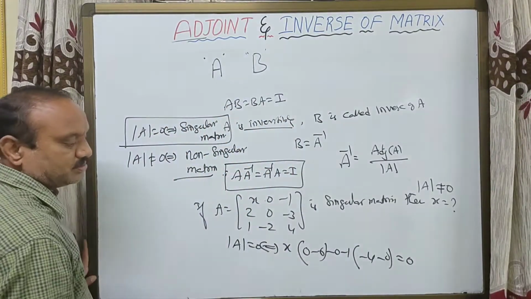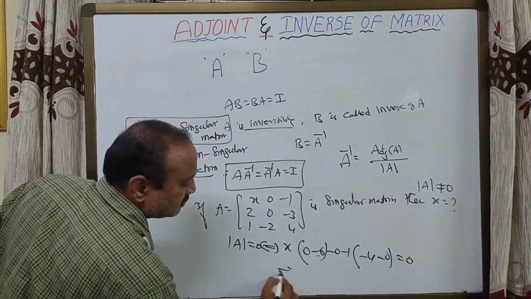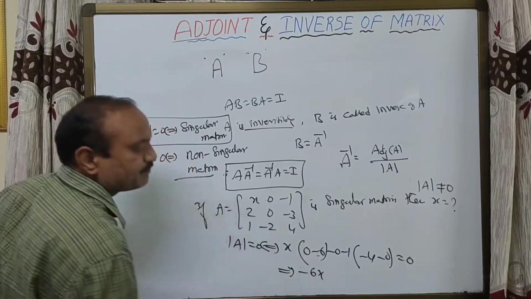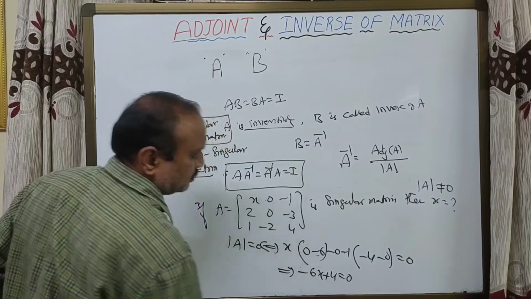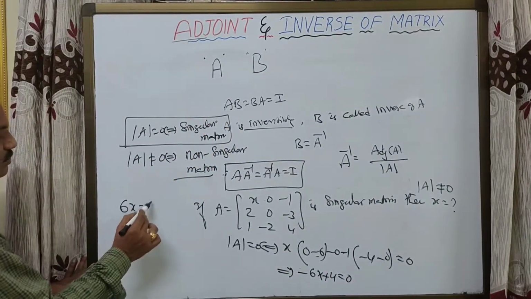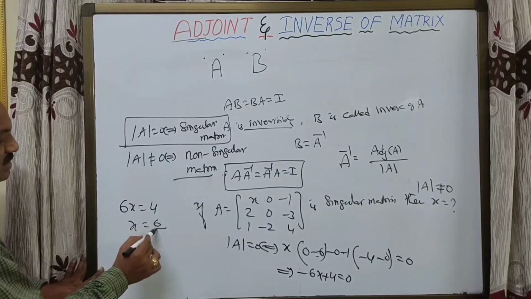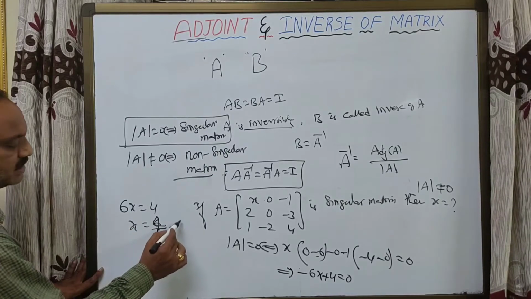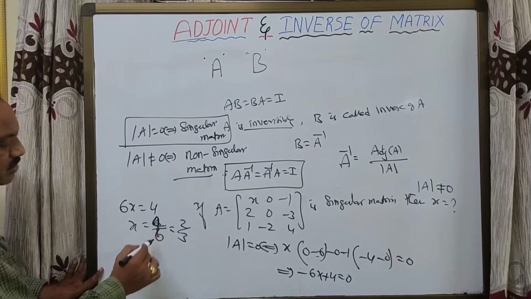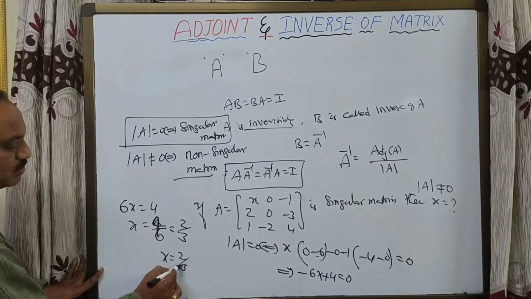Det A equals 0. Now this value is minus 6x plus 4 equals 0. Now 6x equals 4, x equals 4 by 6, which is equal to 2 by 3. So now students, x value is 2 by 3.